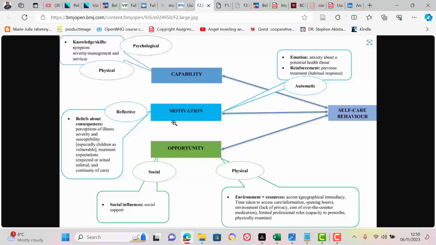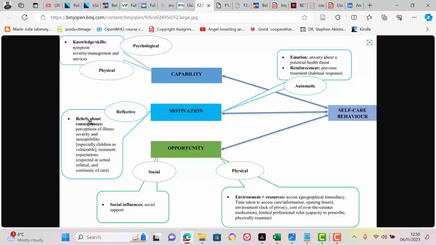Now motivation, like I told you before, in the COM-B model, you have reflective motivation and then you have automatic motivation. So what do we mean by reflective motivation? That means what someone does consciously, how someone views a thing. The TDF framework helps us to break this down more.